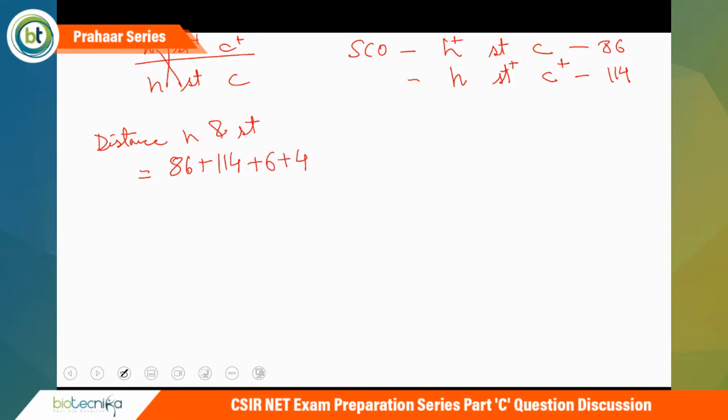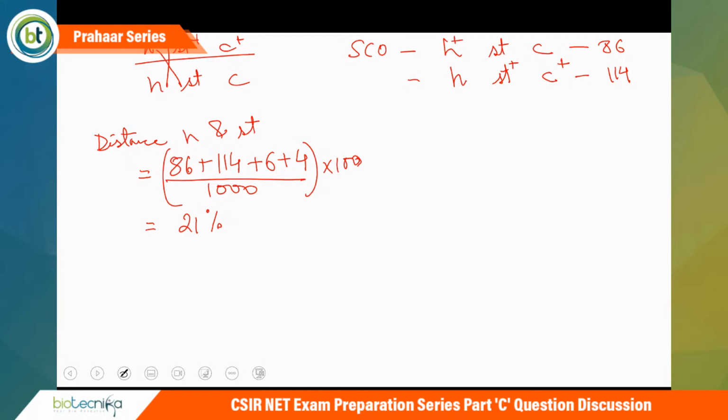Because in double crossovers, one event of crossing over is happening between H and ST. The total number of cells was 1000. This whole is multiplied by 100, and that will give you the recombination frequency percentage, and that will be the distance. When you solve it, you will get 21% as the distance between H and ST.